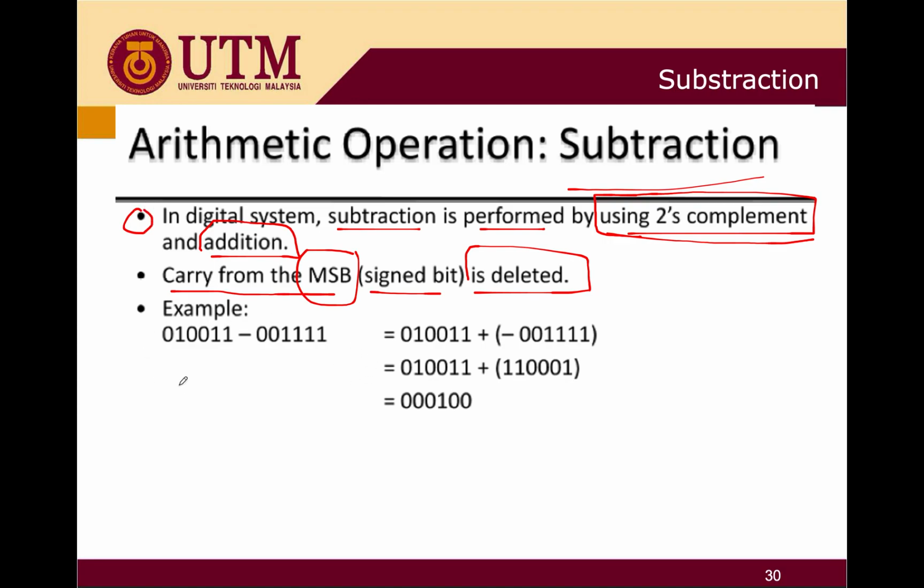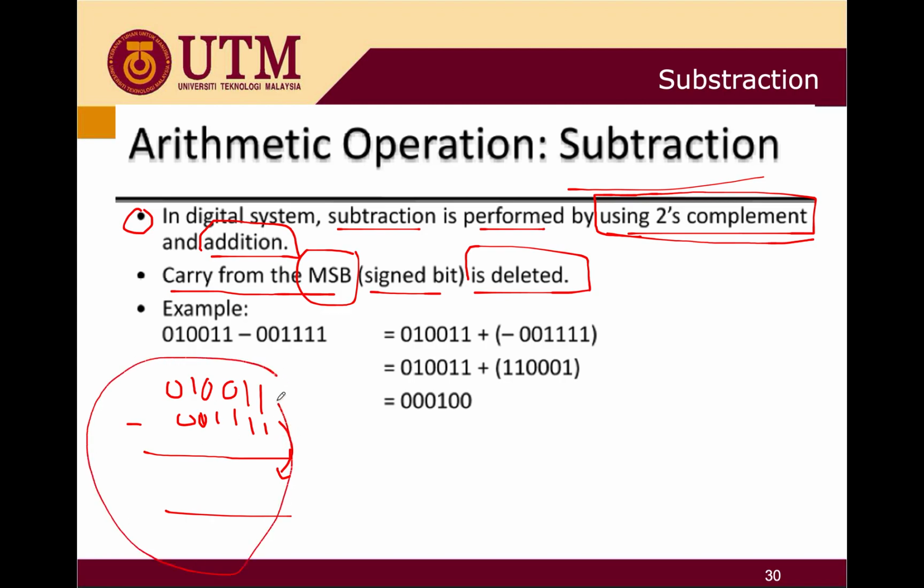So you are given the example. You have 0, 1, 0, 0, 1, 1. You want to minus it by 0, 1, 0, 0, 1, 1, 1, 1. So what happened over here? Can you deduct it directly? You cannot minus it using this system. That's why you're going to change, first of all, the deduction number to the second complement, or you pick it as the negative value.